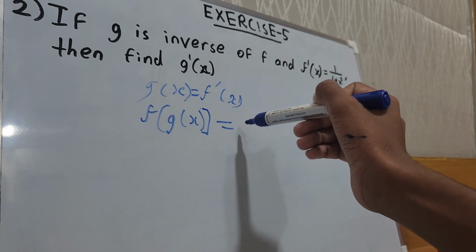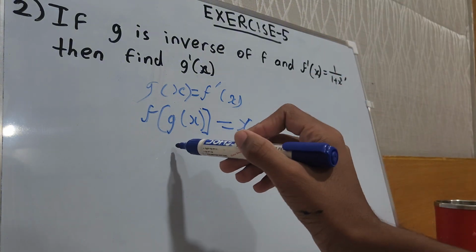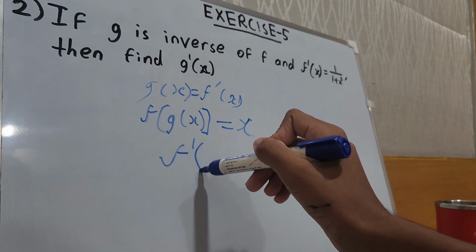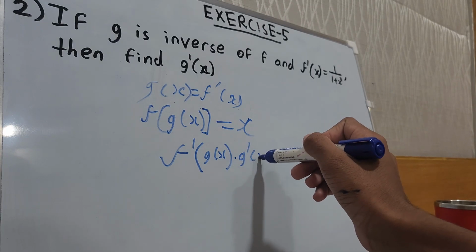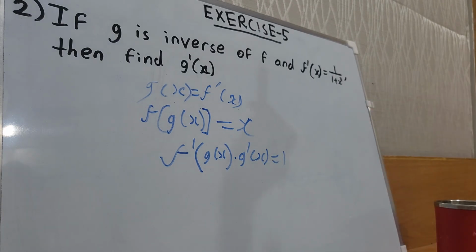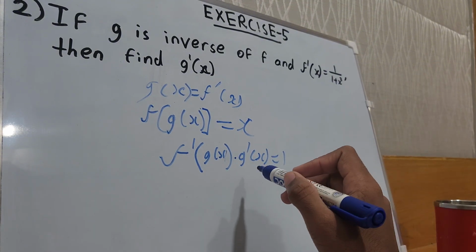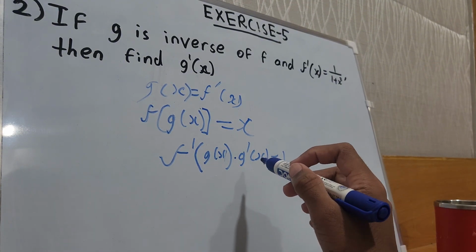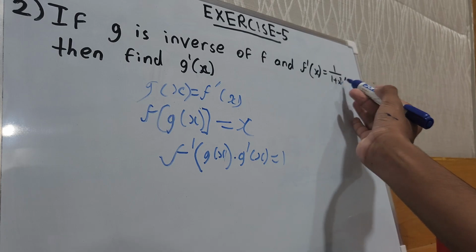is equal to x. Now we're differentiating. f'(g(x)) into g'(x) is equal to 1. Now f'(g(x)) is 1 plus g(x) whole cube.